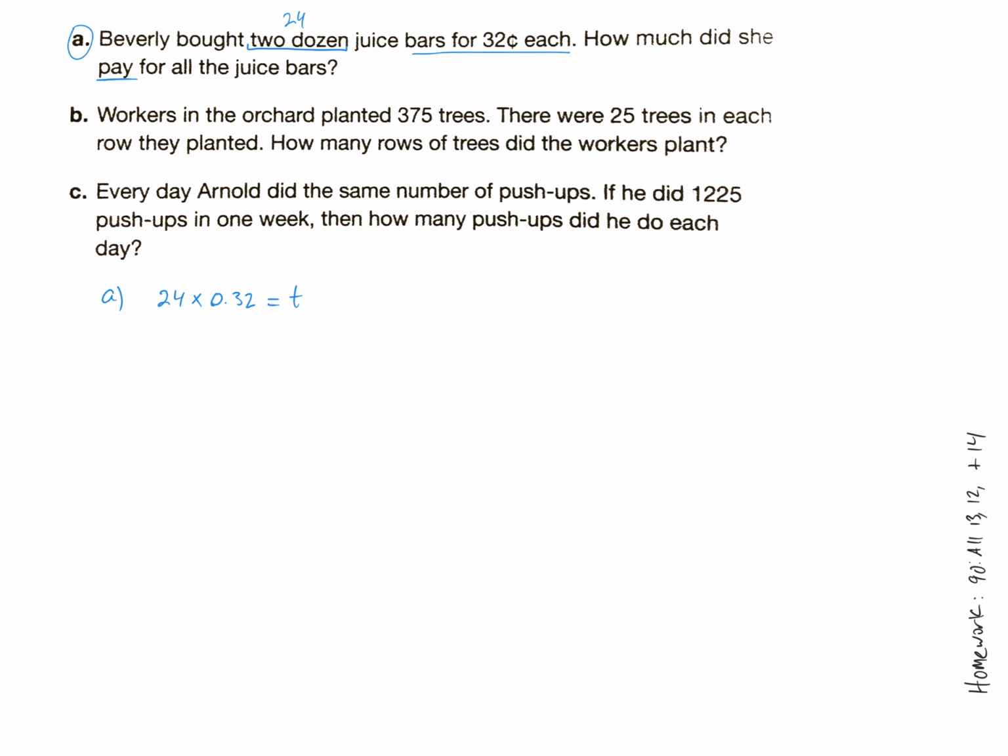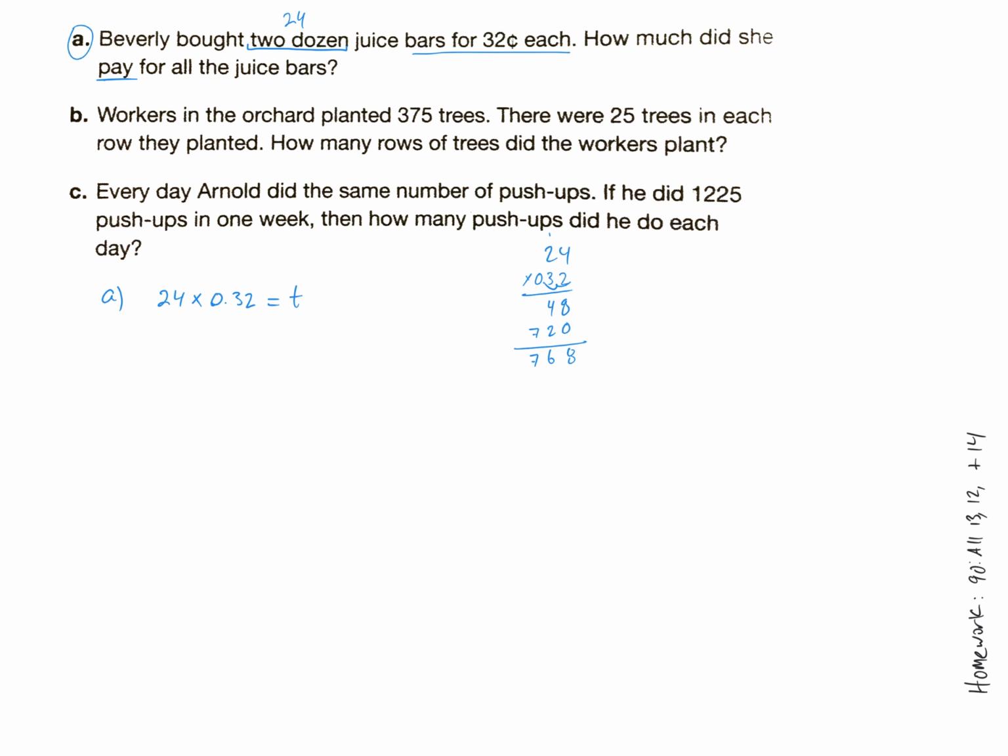So we just need to multiply that 24 times the 0.32. If we do that by hand, 24 times 0.32 gives me 8, 4, 0. Then 12, carry the 1, 6, 7. So 8, 6, 7.